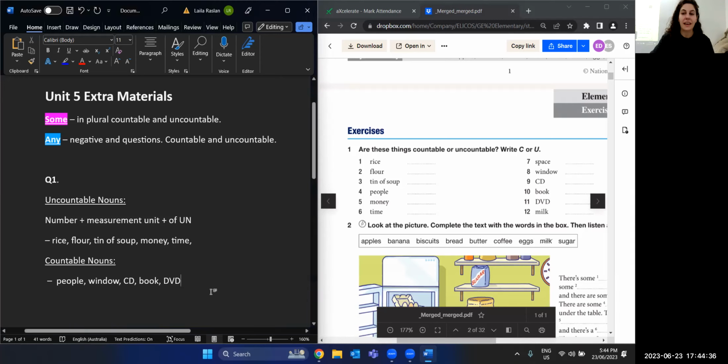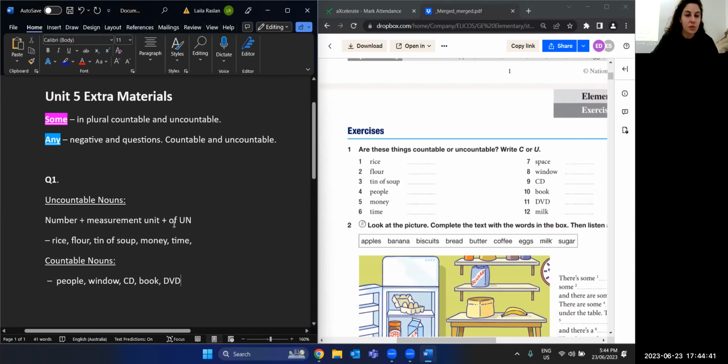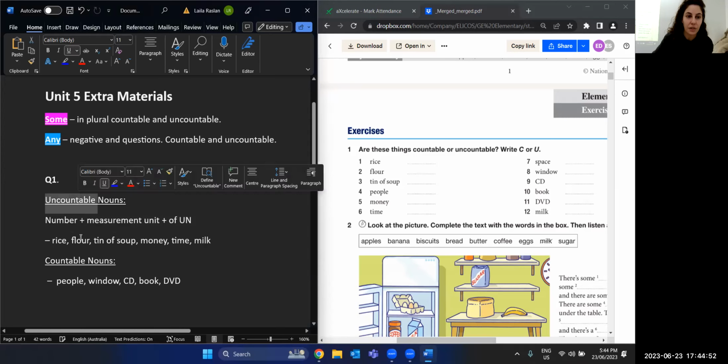And milk, can I say I want 5 milk? No, I want 5 bottles of milk. So it's uncountable, milk. So you should 100% know if it's countable or uncountable. It's very easy.